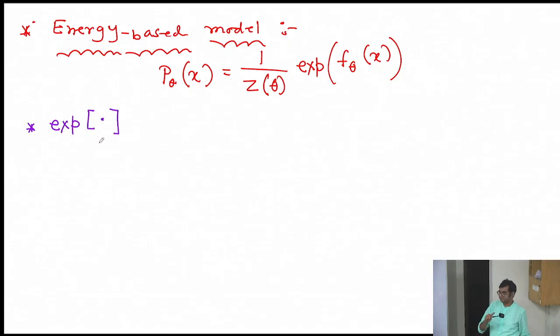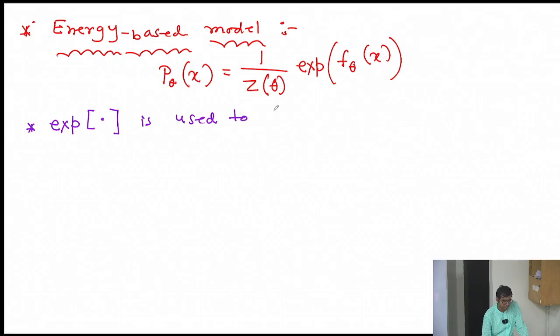I told, but I did not write it, that we have already used some generative models where we use a simpler distribution, but I did not give that example. So I'll come back to that. Okay. I just remembered. So exponential is used to ensure non-negativity.